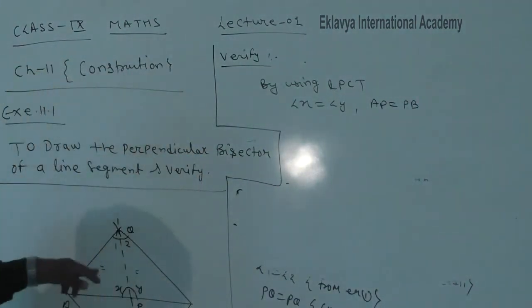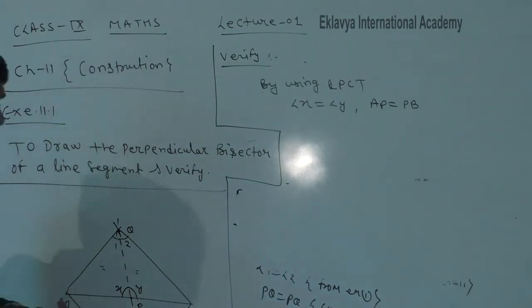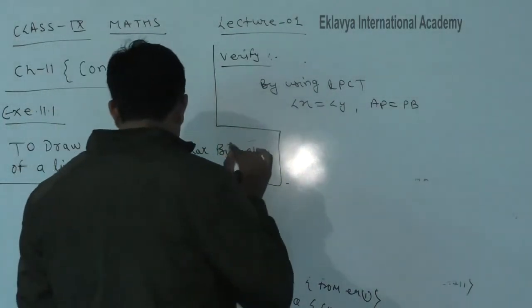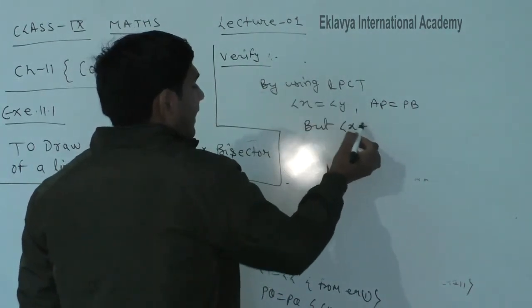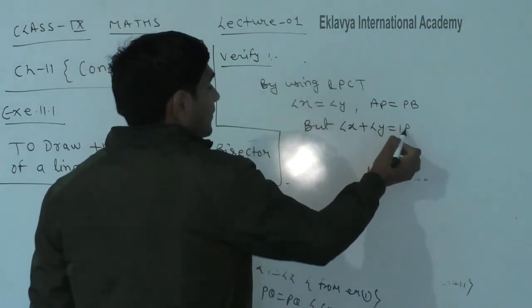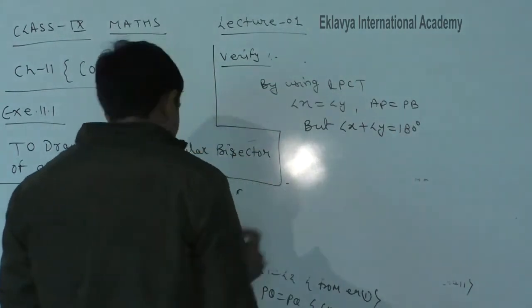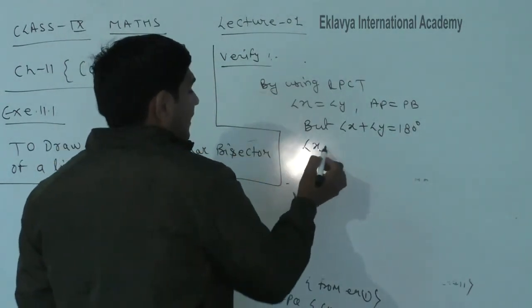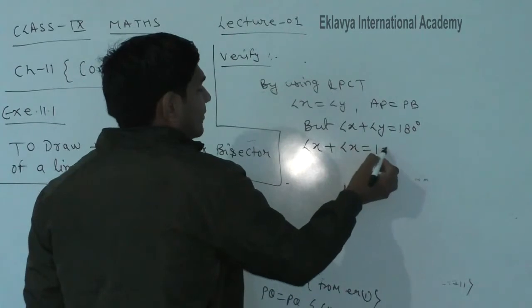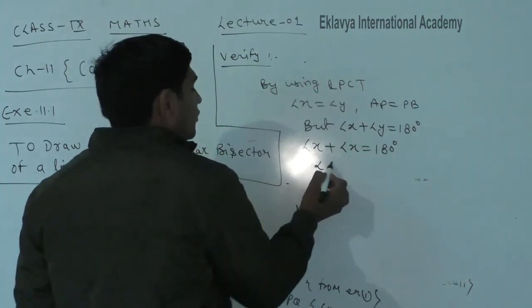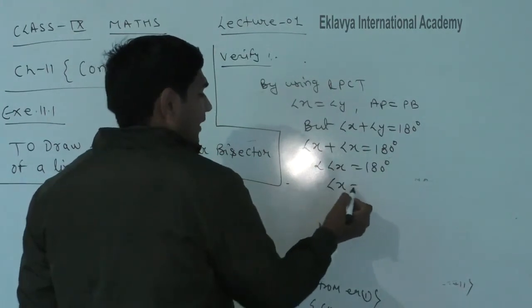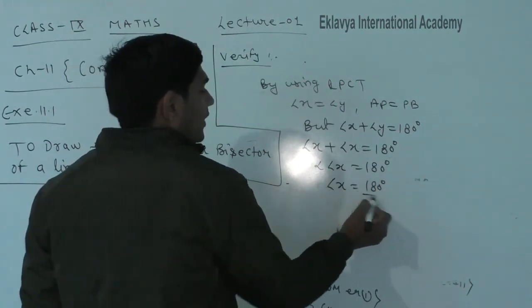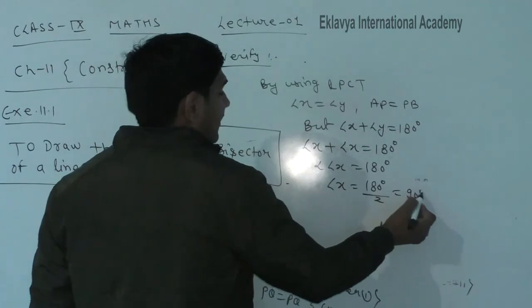But what we have to prove is x equals y equals 90 and AP equals PB. So how will we prove it? Angle x plus angle y is equal to 180 degrees. Twice angle x is equal to 180 degrees. So the value of x is 180 upon 2, which is 90 degrees.